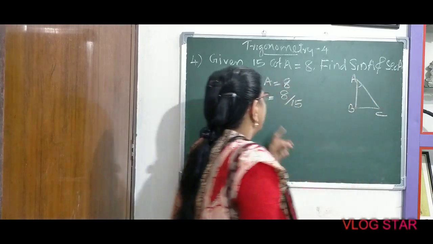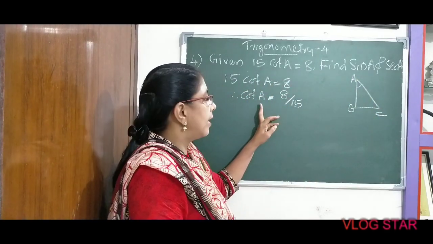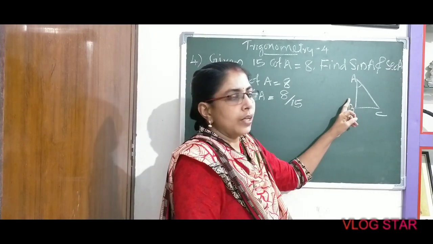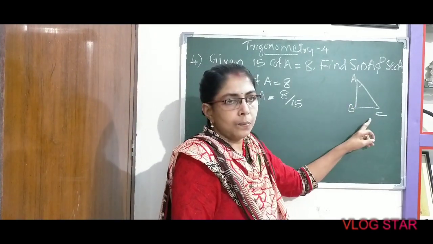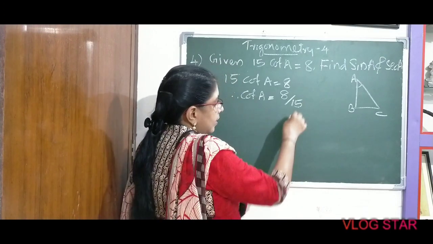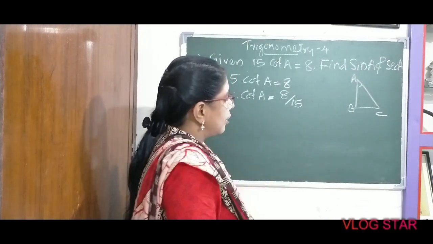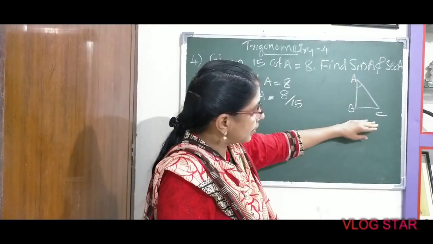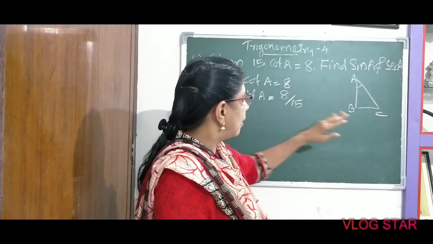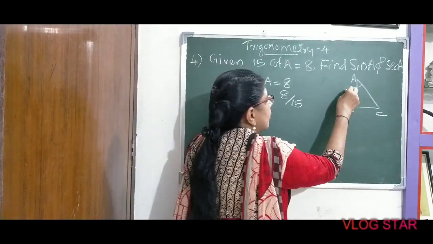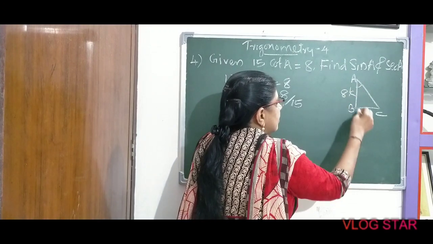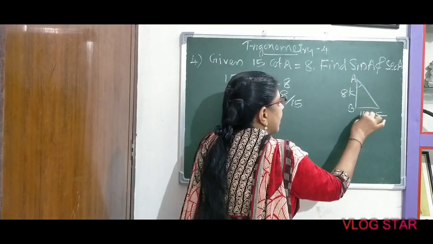According to this angle, cot of an angle A is the side adjacent to that angle upon the opposite side. Here the side adjacent to angle A is AB and the opposite side is BC. Therefore, 8 upon 15: AB is equal to 8K and BC is equal to 15K.